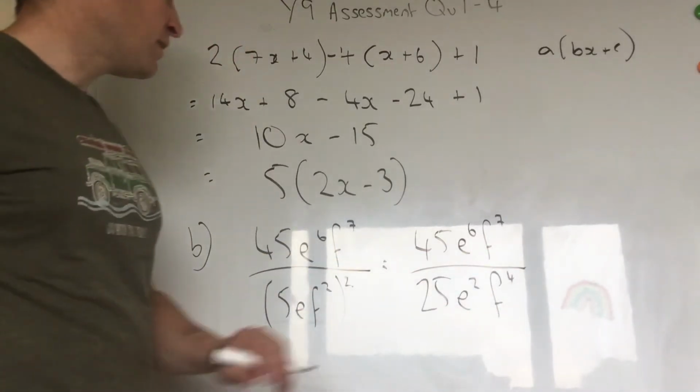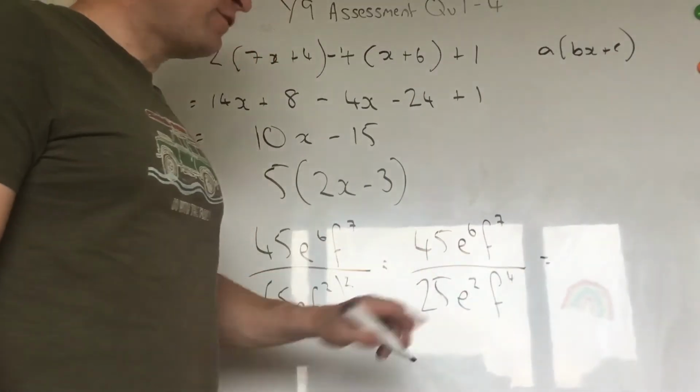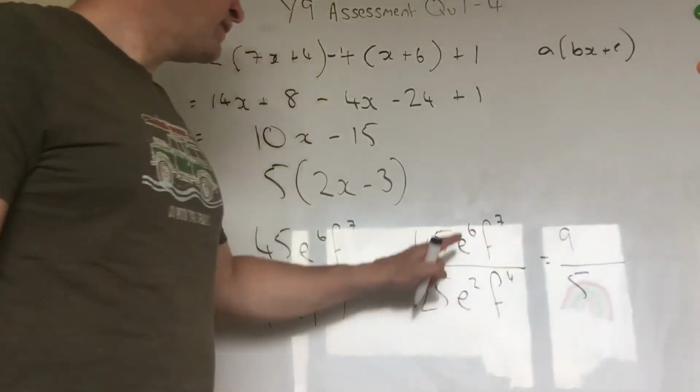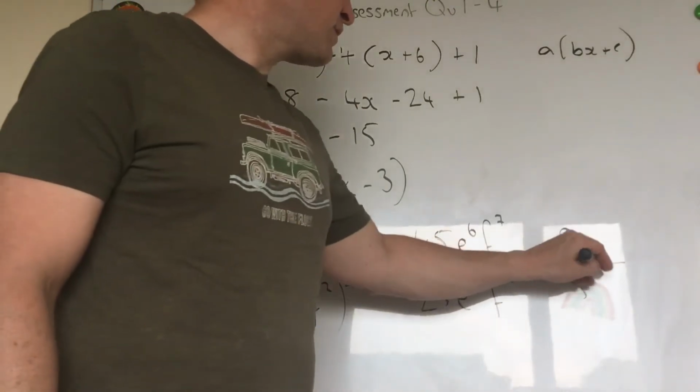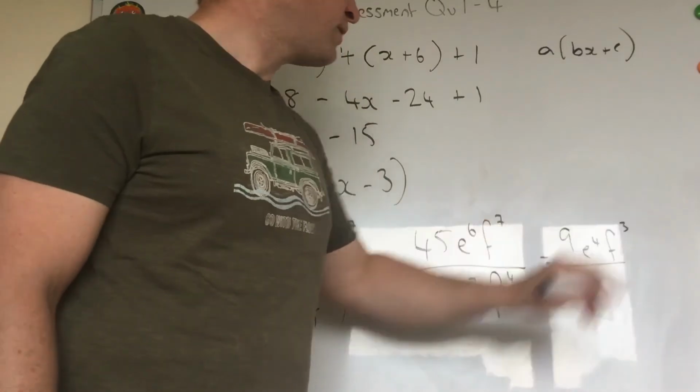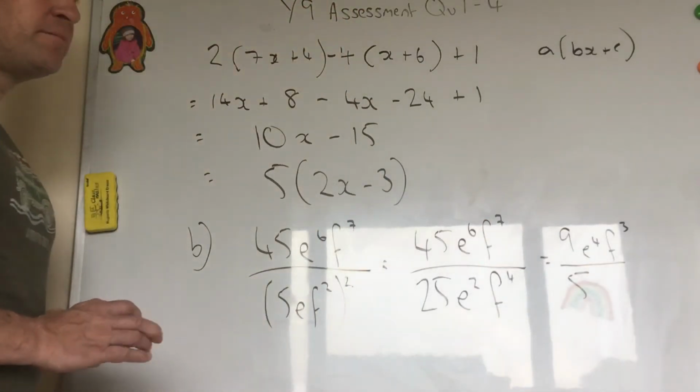Multiply the numbers and cancel. 45 over 25 cancels down to 9 over 5. e to the 6 over e squared becomes e to the 4. f to the 7 over f to the 4 is f cubed.